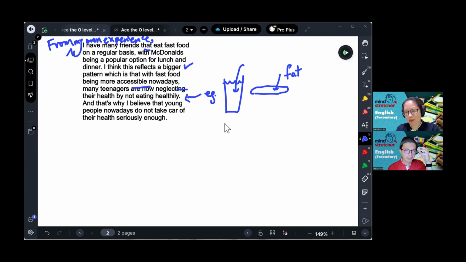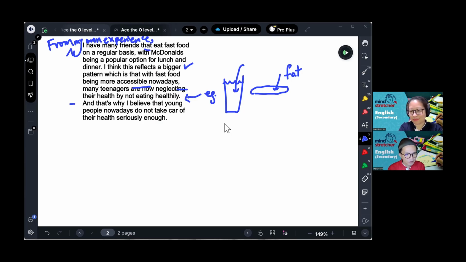So the more fat there is in a hamburger, the juicier it is, because the juice is actually the fat and the oil. So by illustrating this, by pinpointing this, it actually makes that picture come alive, right?